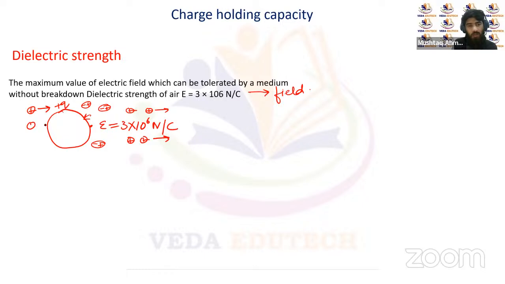So that's what we call dielectric potential strength. This is the maximum potential that can be there on the surface of the conductor so that dielectric breakdown does not take place.